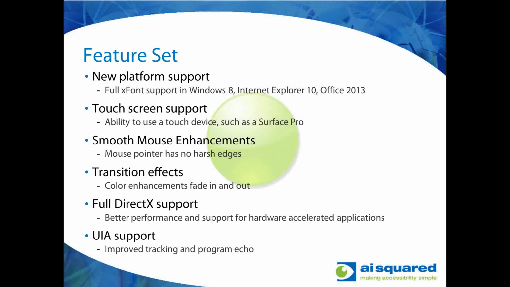So let's first talk about all the new features, and there's at least one that's not mentioned here that I'll bring up. But first, we have our new platform support, obviously Windows 8, Internet Explorer 10, and Microsoft Office 2013. I can show you ZoomText working in both IE10 and Office during the presentation. One of the really big new features is touchscreen support.